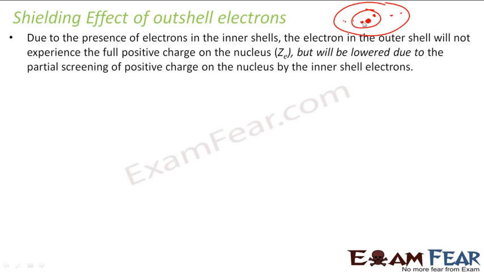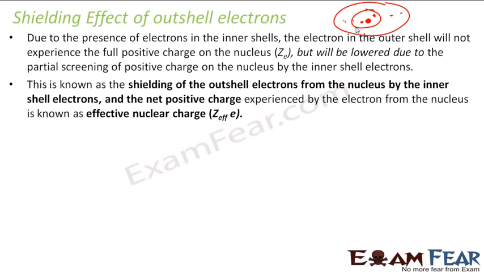The effect is lower due to the partial screening of the positive charge by the inner shell electrons, and this is called the shielding effect. This is the shielding of the outer shell electron by the inner shell electron. And Z effective is the effective nuclear charge which the outer electron experiences from the nucleus.